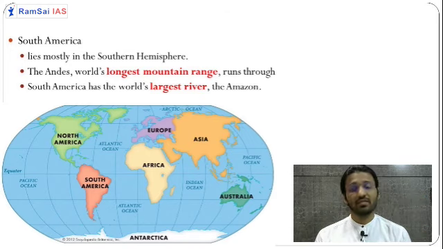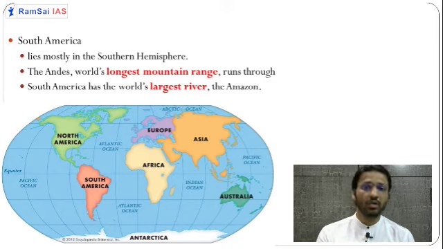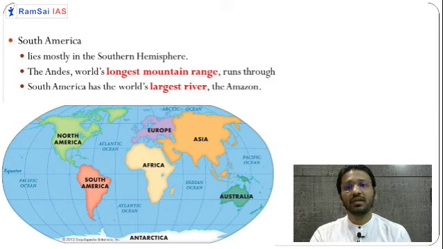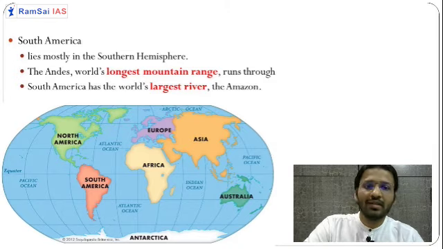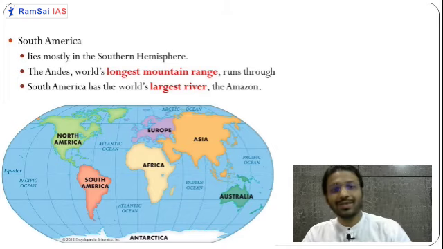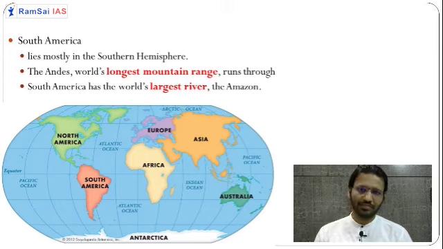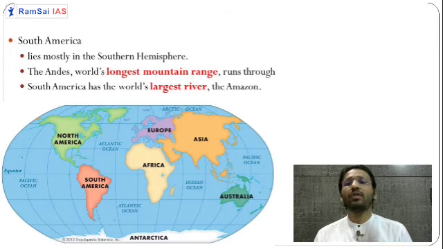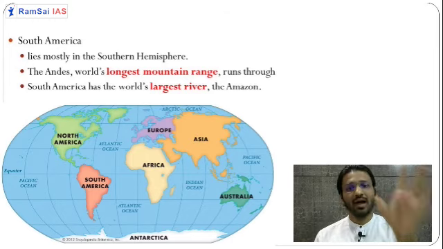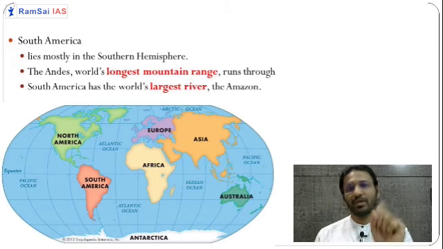Which is the largest river? Everyone knows the Amazon River. The Amazon River is the largest river present in South America. The longest river is present in Africa and the largest river is present in South America. So the longest mountain range, the Andes, and the largest river, the Amazon, are present in South America.